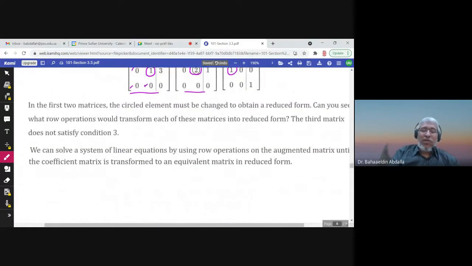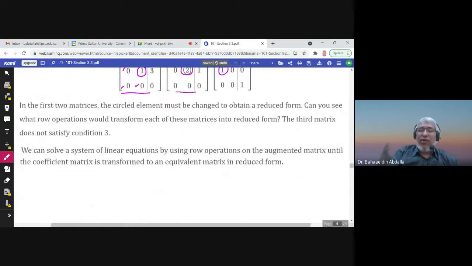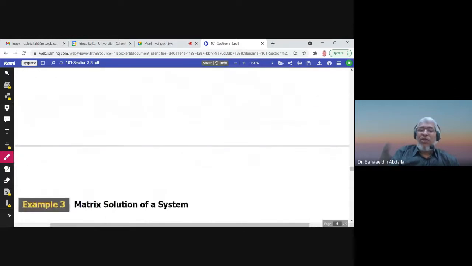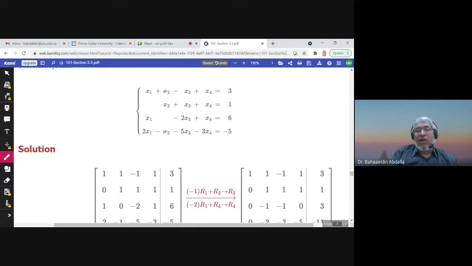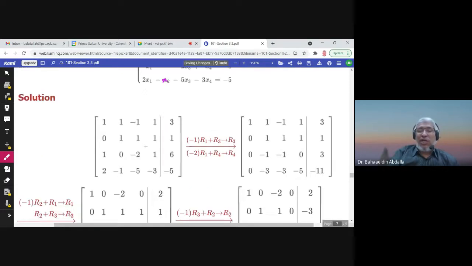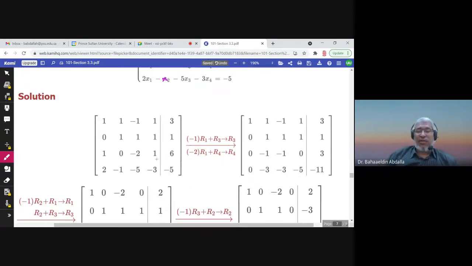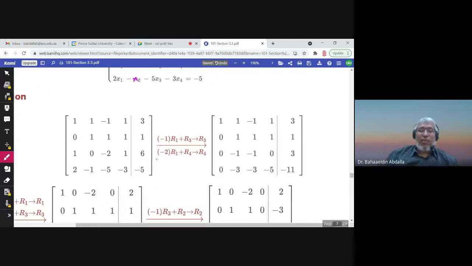Okay, so we will now change a matrix with non-unique solutions to the reduced form, and let us see here. Of course, this is x2, and this is x2. All right. So let us write the augmented matrix. This is the augmented matrix. Now, this number has to be 1.